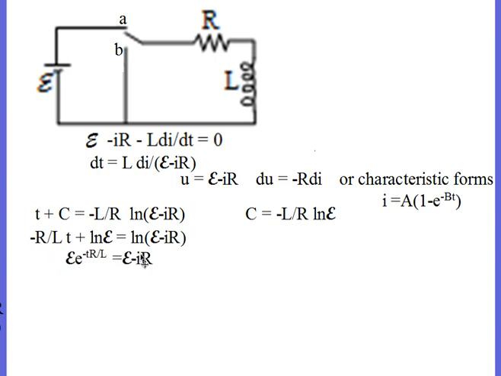Now I will raise both sides as powers of e, and you get e raised to the negative tR over L, times e raised to the natural logarithm of EMF, which is EMF. And then over here you have e raised to this, which is this quantity here.